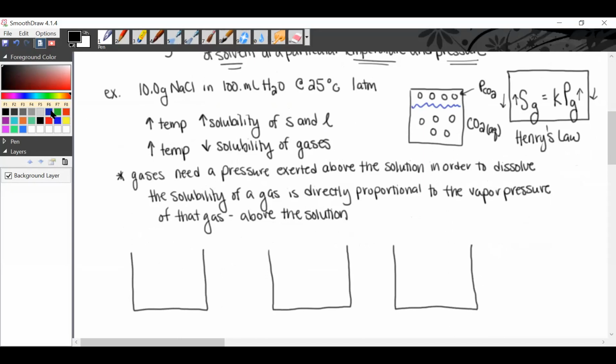All right, so let's say we have 3 beakers, all with 100 mils of water. And we'll say that they're all at 25 degrees Celsius and 1 atmosphere of pressure.